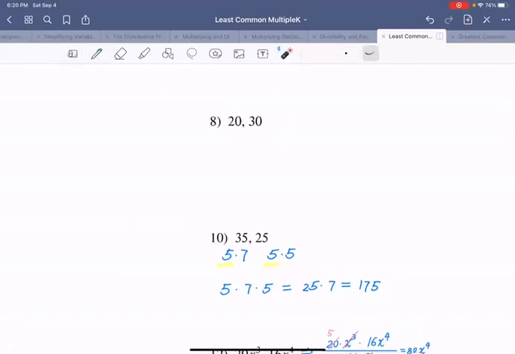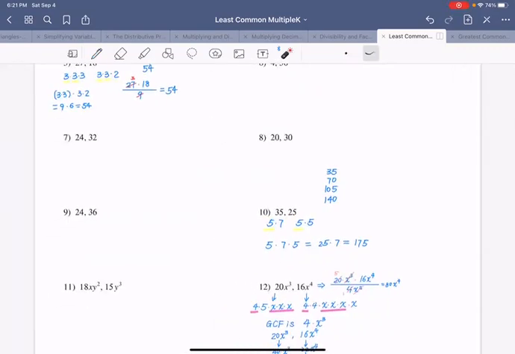If we don't do this way, we use the other way, it's going to be very slow. We have to do what? This guy, 70, 105, 140. We have to keep going, right? Yes, I think this way is good. Okay, let's keep drilling these skills.